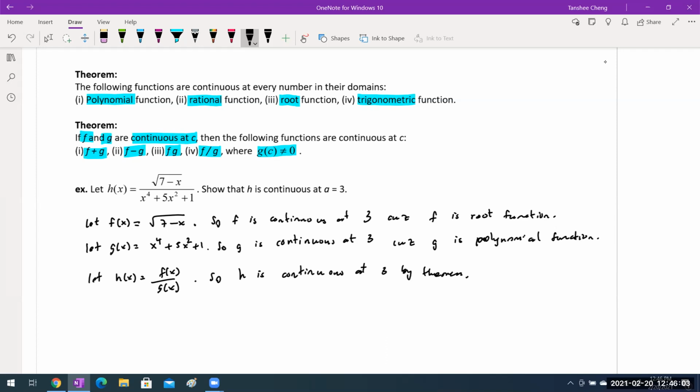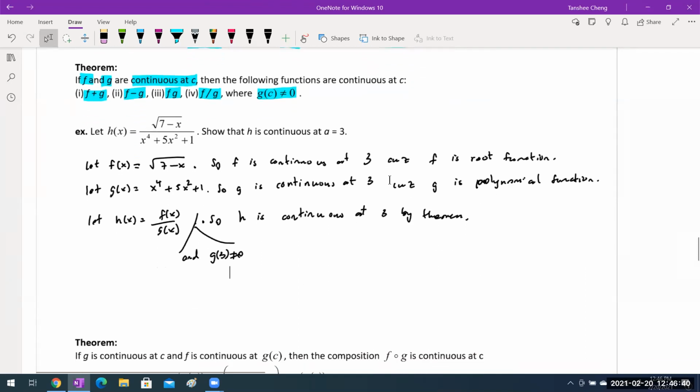Make sure you state it in detail so that I will have no way of taking points off on the test. And g of 3 is not equal to 0 because you can mentally compute that quickly. So this is how you can very quickly verify whether a function is continuous using the theorems. Again, be careful on the exam, because I will ask you to show the continuity by definition for sure.